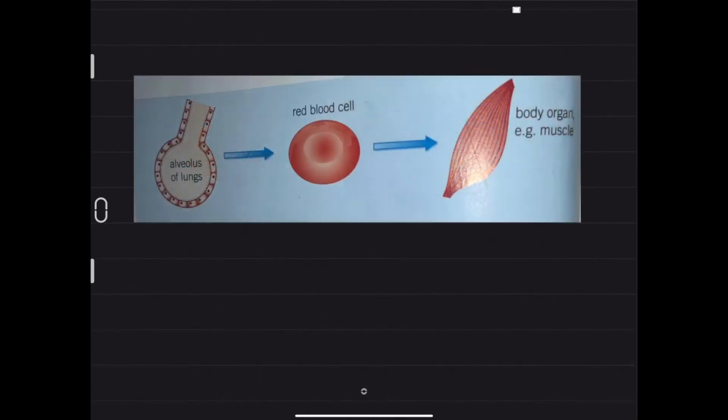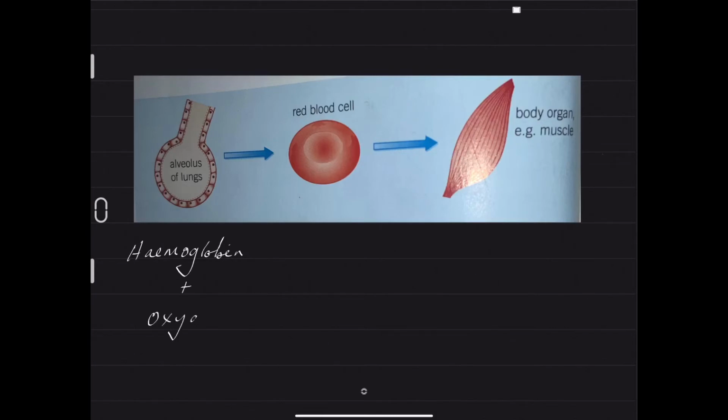So just to summarize what's happening with the red blood cells, the red blood cells are picking up oxygen at the lungs, and the red blood cells contain hemoglobin. So what we say is that hemoglobin and oxygen are separate here.